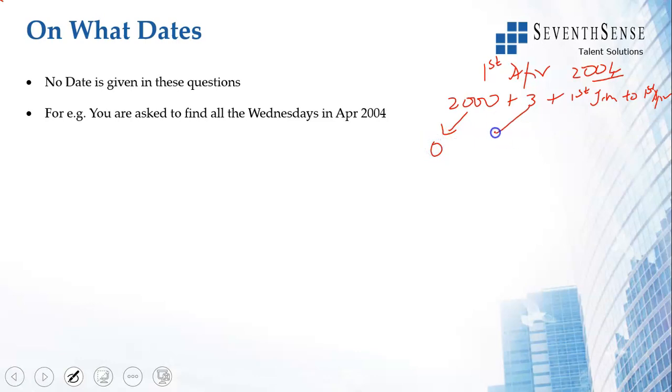In 3 years, the number of odd days is 3 into 1, which is 3. In Jan, the number of odd days will be 3. In Feb, it is 1. In March, it is 3, and 1 day of April.